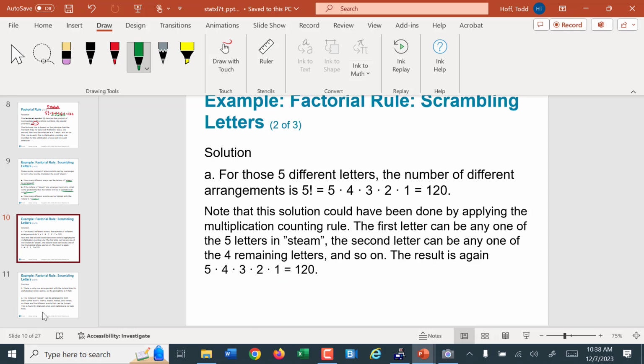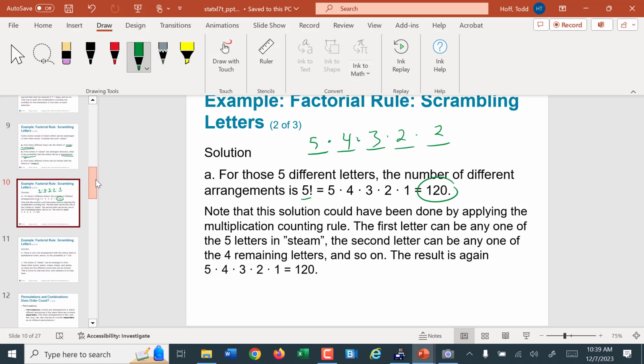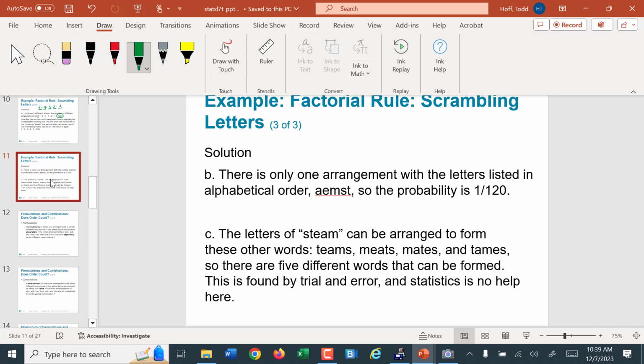First of all, how many different ways to rearrange them is just 5 factorial, or 120. There are 5 letters. Again, there's 5 ways I could randomly select the first letter, only 4 letters left for the second, 3 for the third, on down. That's 5 factorial. So there are 120 ways that we could rearrange those letters randomly, not worrying about what order they're in.